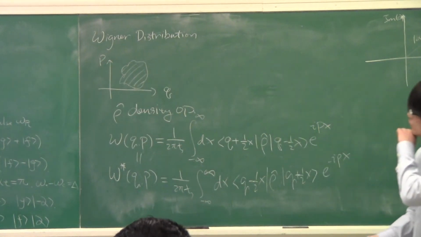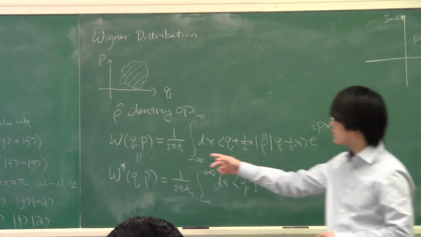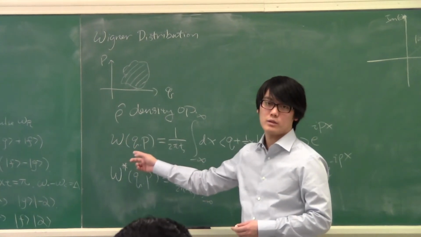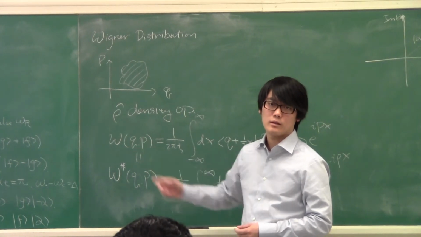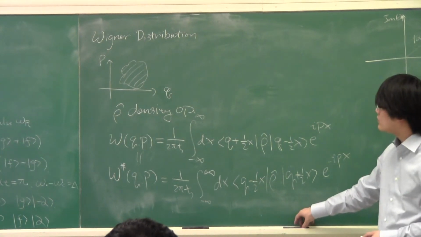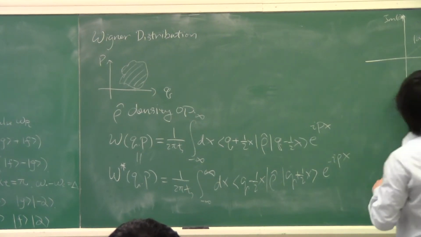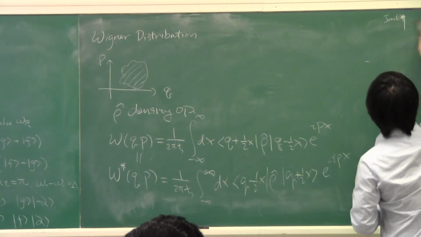But to really make this into a classical distribution in the probability sense, we need the Wigner function to be all positive, right? Because there's no negative probability. But for some cases that is not the case, which we will show later. For the coherent state, however, the Wigner distribution is completely positive, so it can be interpreted as some kind of classical probability distribution.